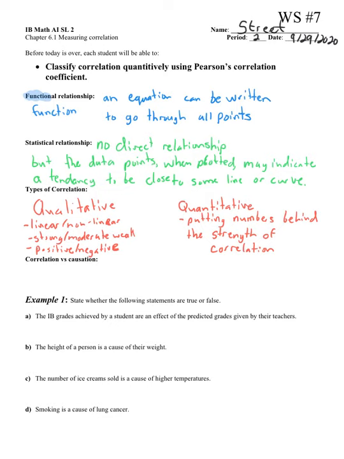The last thing I wanted to mention is that there is a difference between correlation and causation, which we talked about. I showed you that website, Spurious Correlations, where the number of people that drowned in a pool correlated with the number of Nicolas Cage movies released. Clearly one of them is not a cause of the other.